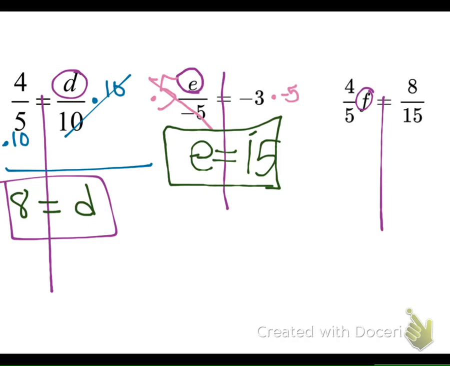Multiply. What's the opposite of multiply? Divide. So we're going to divide each side by 4/5. There you go, so that cancels. Whatever I do to one side, I do to the other. I bring my variable f down, my equals down on my line of equality. Then you're going to take 8/15 divided by 4/5, and that's going to get your answer for you.